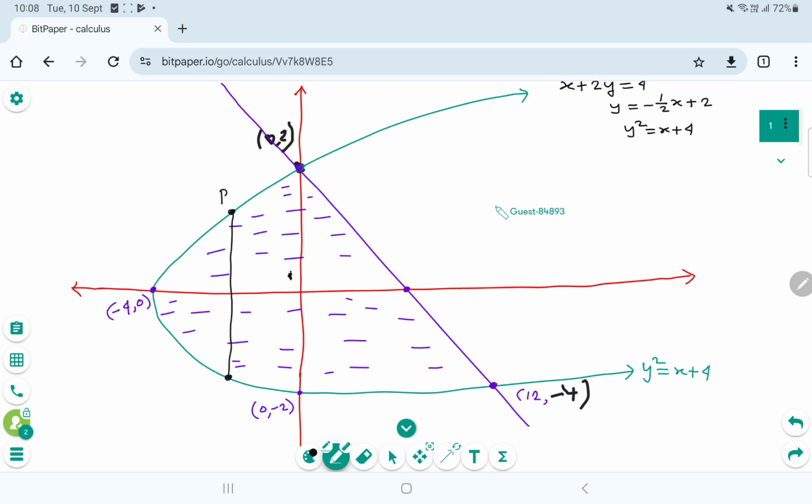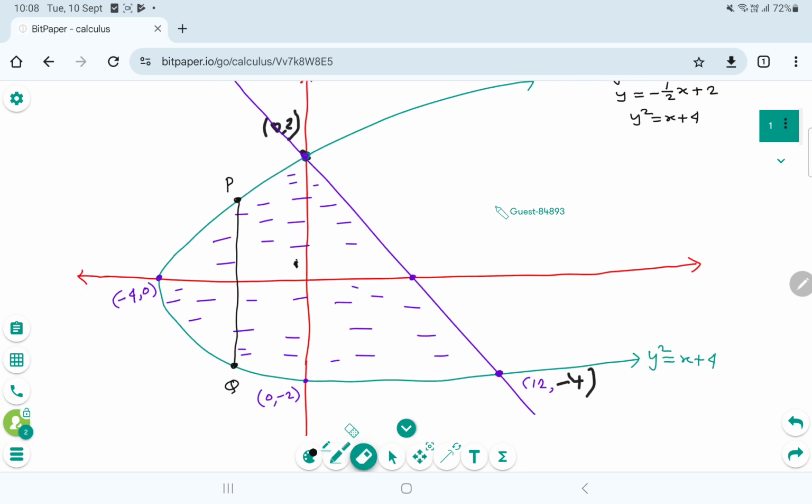Say this is called P and this is called Q. Now if you move this vertical line across the whole region, the point P moves along the parabola until this point, 0, 2. And the point Q moves along the bottom curve.